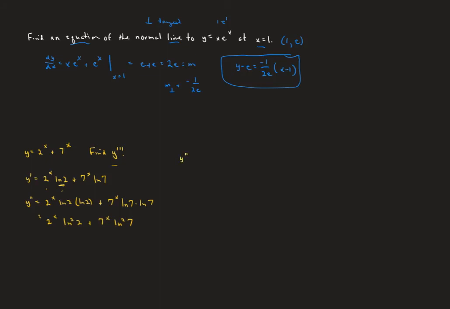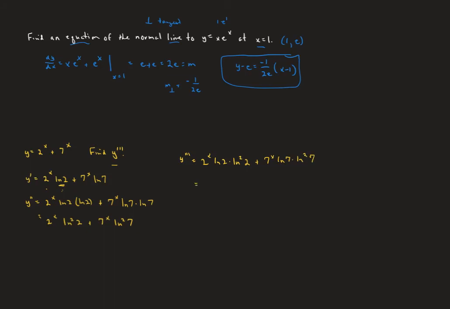Now we're ready for the third derivative, and as you may be seeing here, we're going to get 2 to the x times natural log 2 times that natural log of 2 squared that was already there. We're going to get a 7 to the x natural log 7 times the natural log of 7 that was already squared.